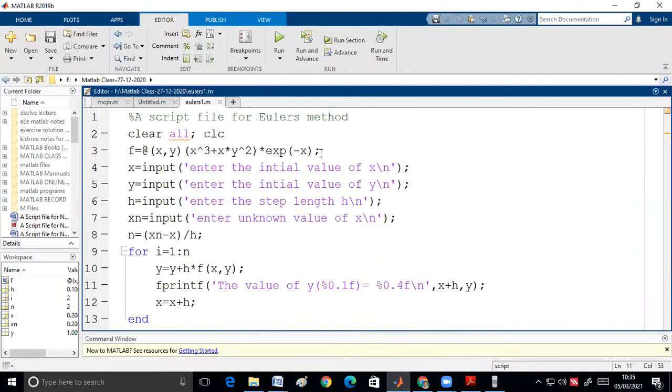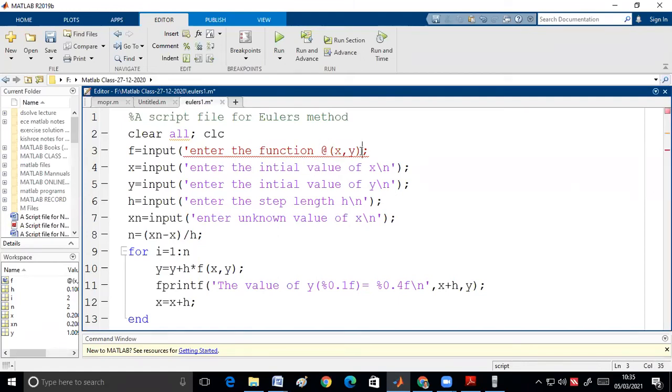Now replace this function by an input function, then directly we can give the value. Okay, I will cut it. Input, enter the function f(x, y).